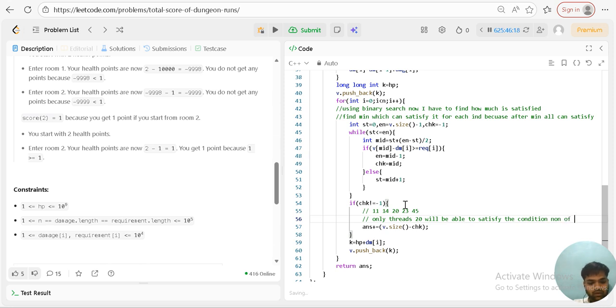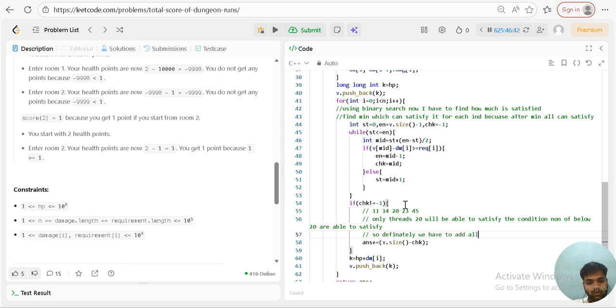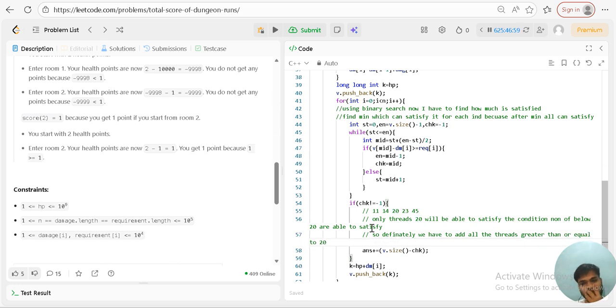None below 20 are able to satisfy. So definitely we have to add all the threads greater than or equal to 20.